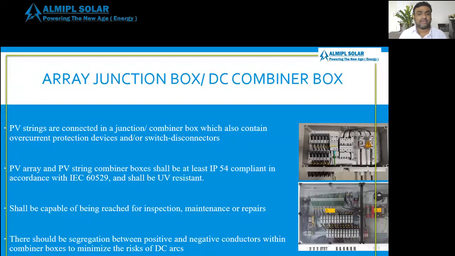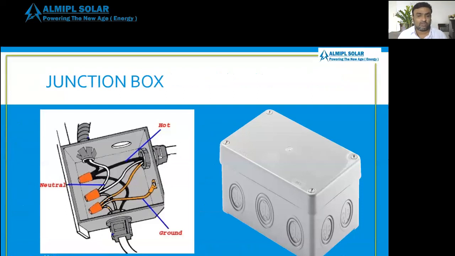There should be segregation between positive and negative conductors within a combiner box to minimize the risk. So this is a sample of a junction box, with neutral, ground and so on.